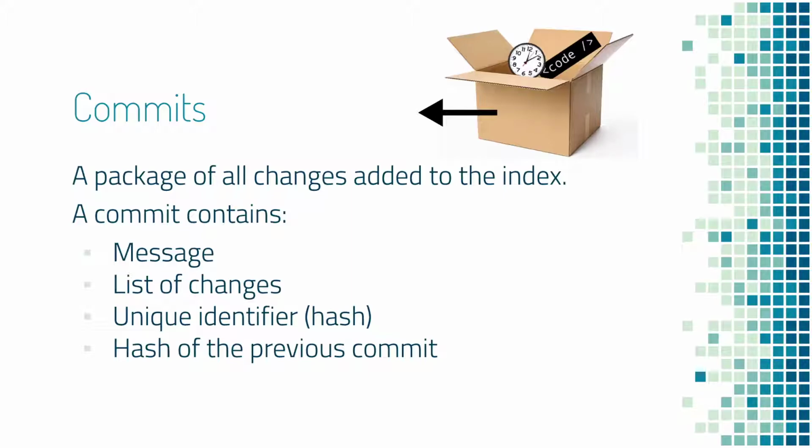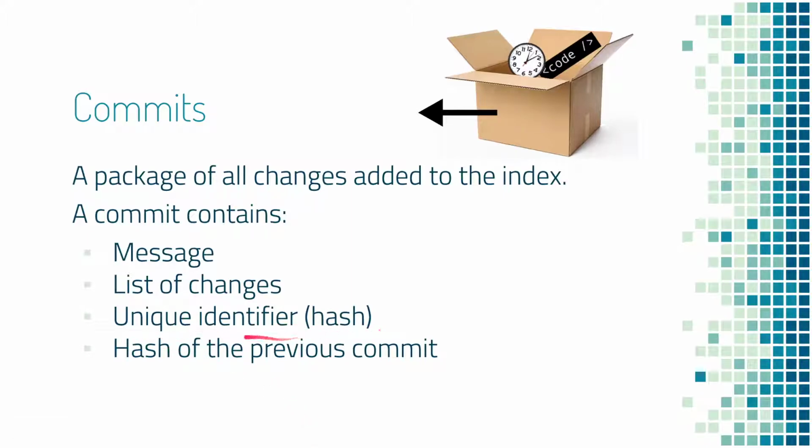It contains a message that you write that basically just describes what happened in this commit. Usually that's what bug did you fix, what feature did you add, what did you change, and you write that. And then obviously a commit also includes what changes you made to the code. That's really the most important thing you're tracking here. And then a few other little things.